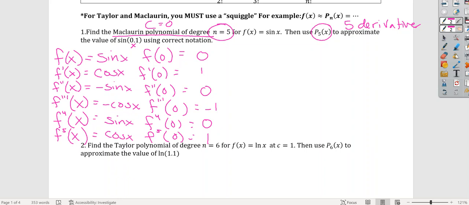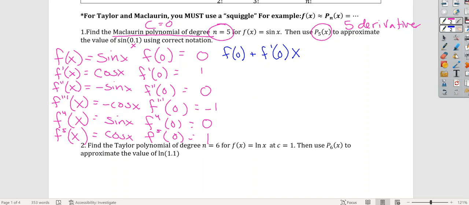So the formula is where we take the f of 0 value, or whatever it is, so we're going to do f of 0. Then I'm going to add the first derivative times x minus the c piece. But my c is 0, so I'm not going to write that. If you want to use it, you certainly can.